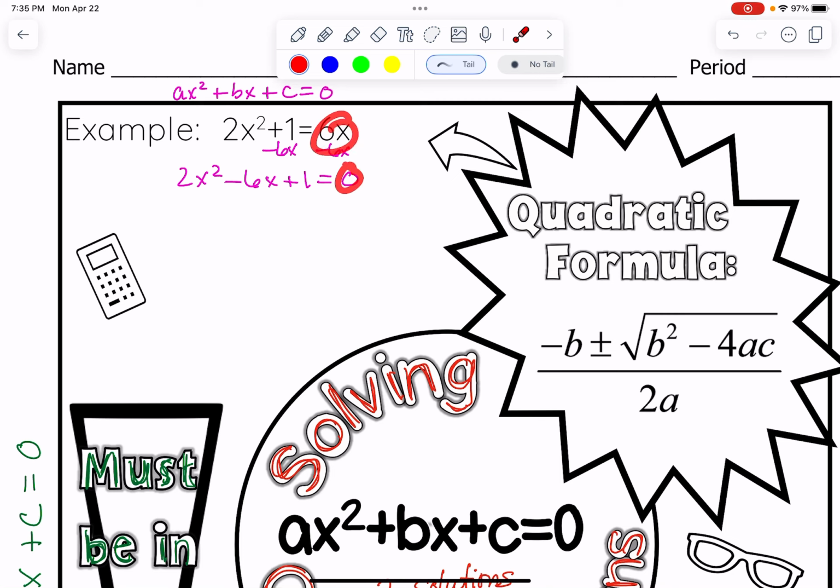This becomes 0. It doesn't just magically disappear. This negative stays, and the x term goes in the middle. So now that I've done that, and we know that whatever's in front of the x squared is a, that means that a is 2, and b is negative 6, and c is 1.